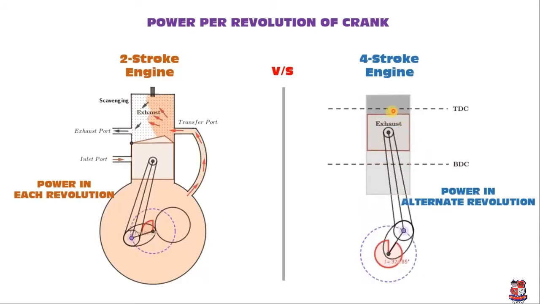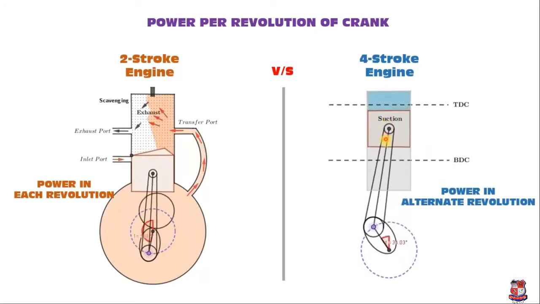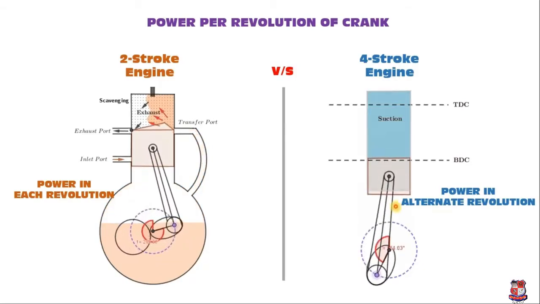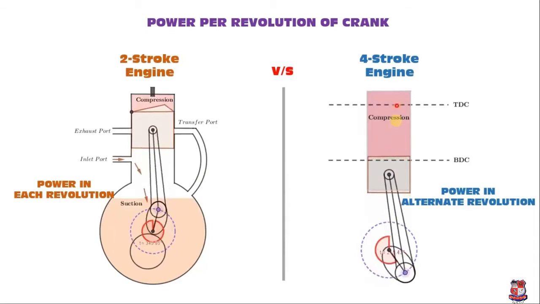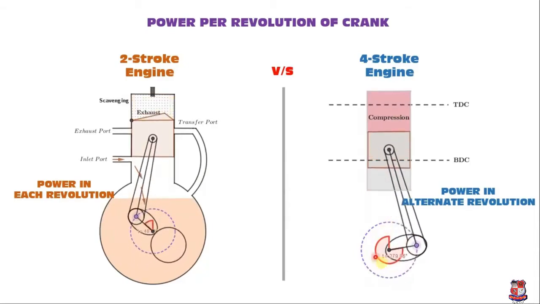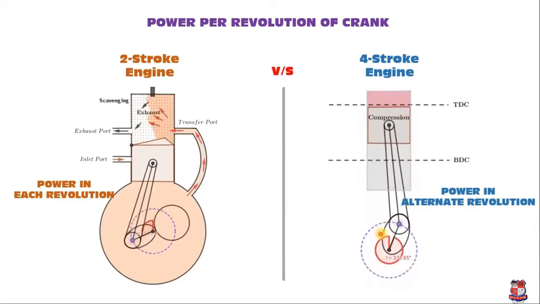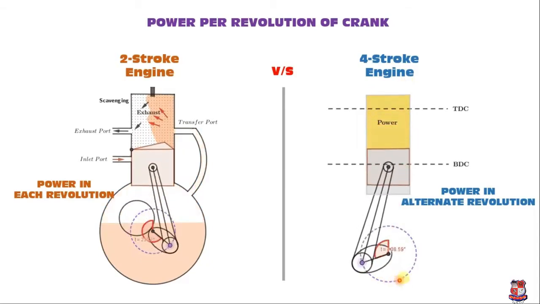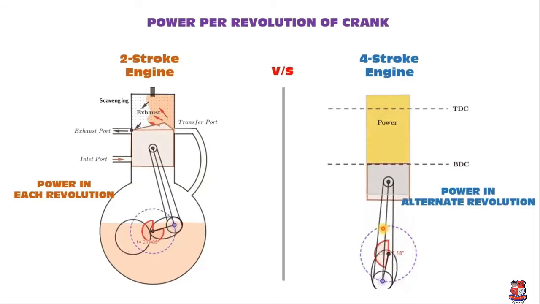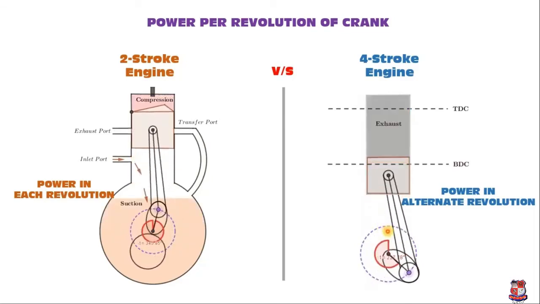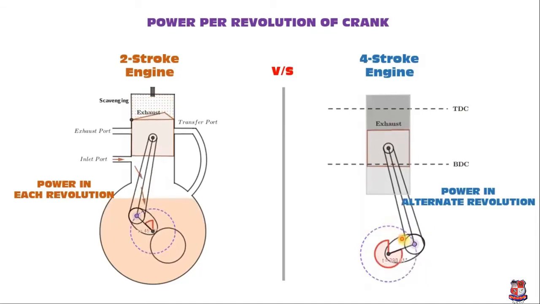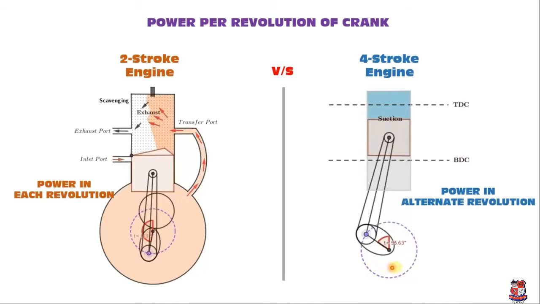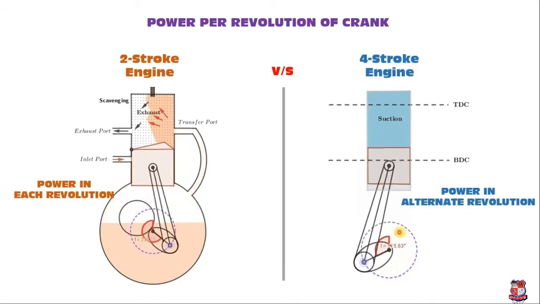Okay. Now cycle begins. Suction stroke, then compression. Okay. Observe this, in this first revolution no power is generated. Now power stroke. This is the second revolution, beginning of second revolution. So in second revolution power is generated. And then further for next cycle, again for next revolution no power will be generated, and after that power will be generated.